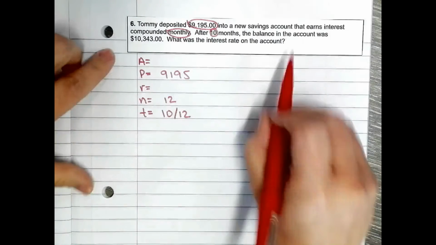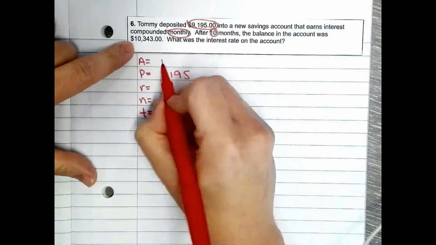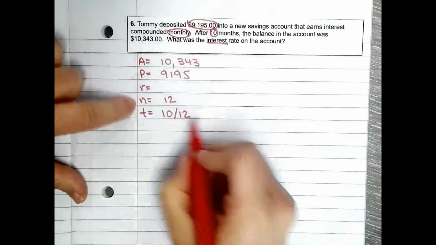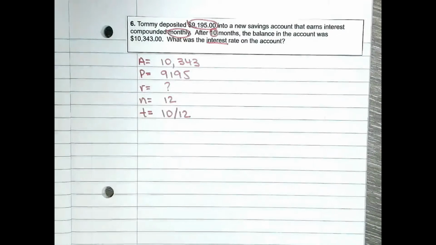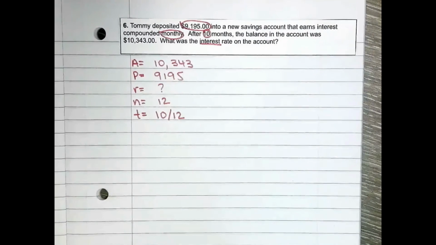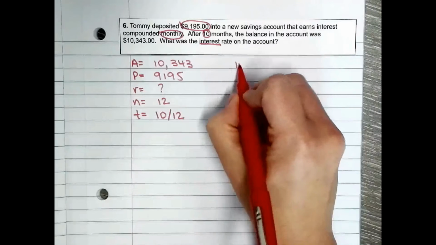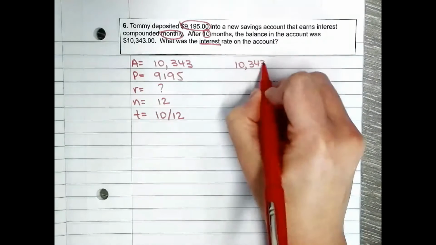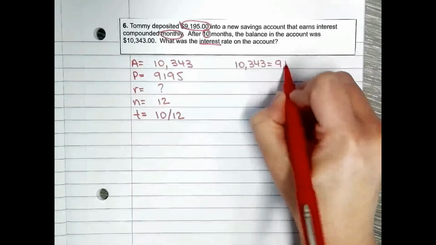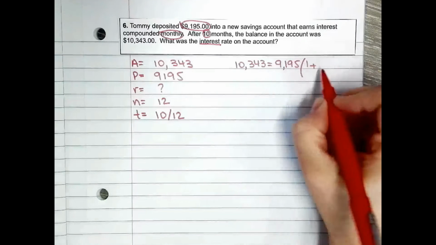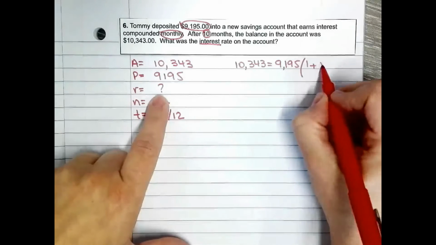The balance in the account was $10,343. What is the interest rate? Don't think it's too bad. It'll be okay. So set it up. 10,343 equals 9,195 times 1 plus the rate that I don't know.